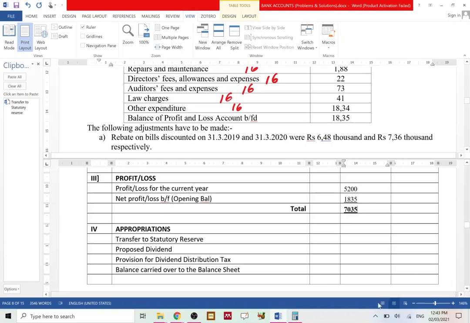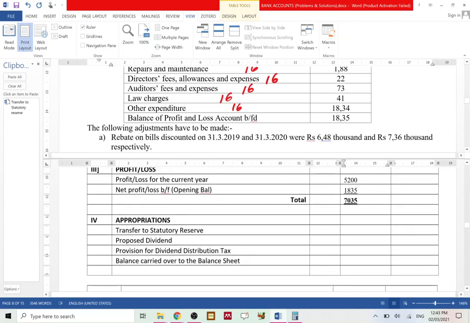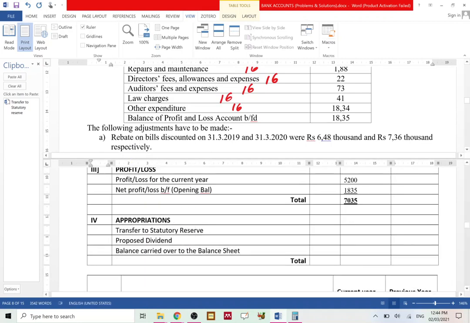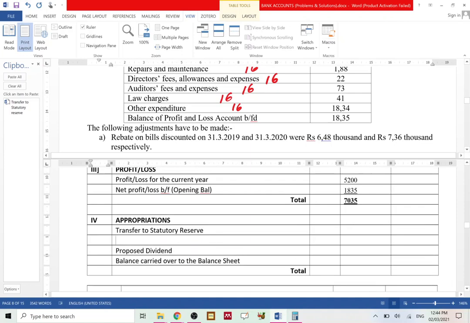Our appropriations will tell us how to utilize that profit. In our appropriations, we have to show what we do with all those profits. Okay. Now one thing, the first thing we know is your transfer to statutory reserve is definitely there, and there is also transfer to revenue reserve given in the problem, which we have calculated.